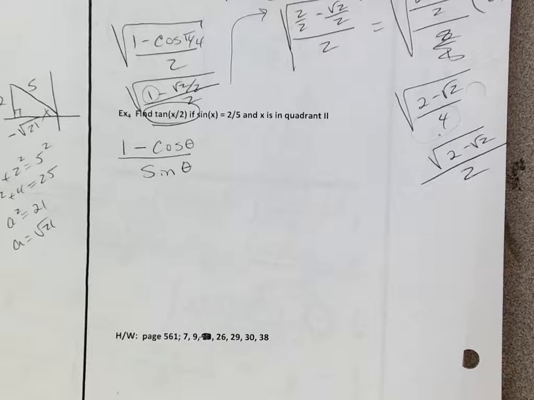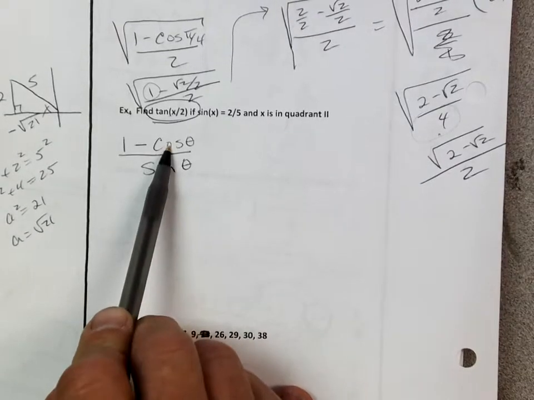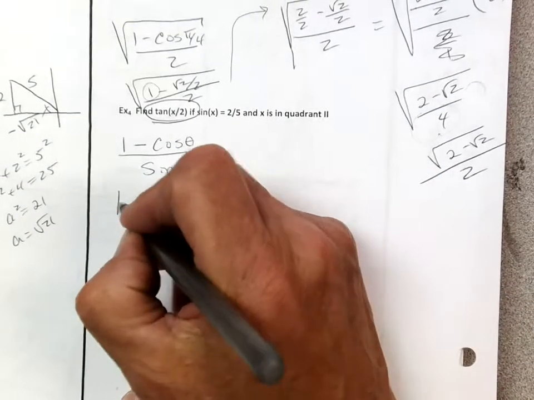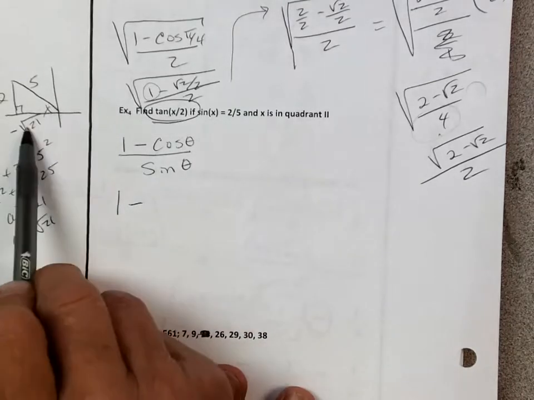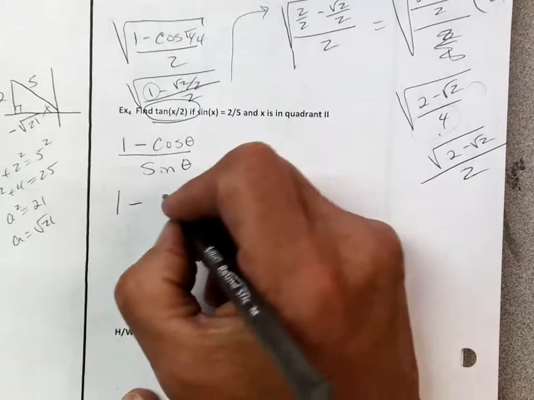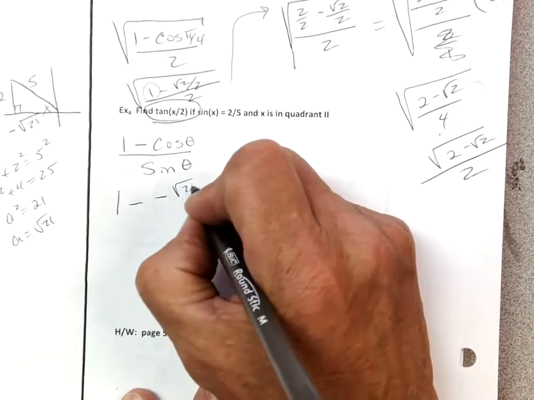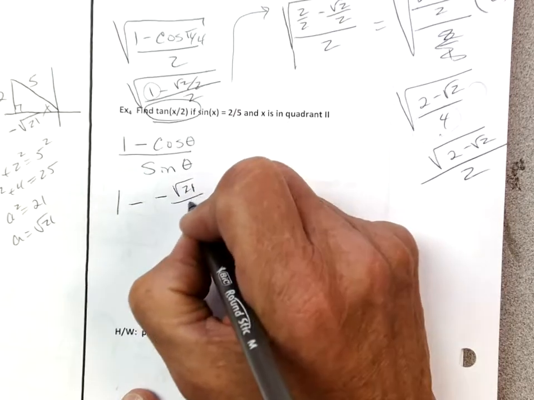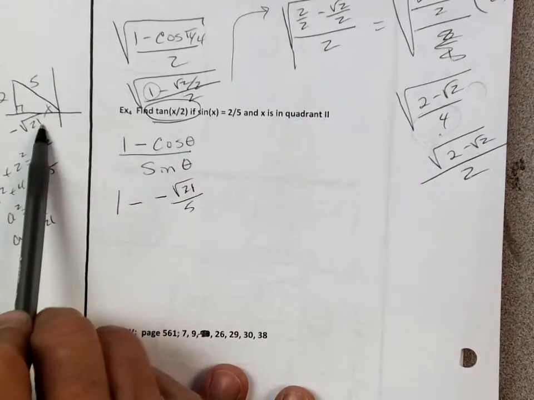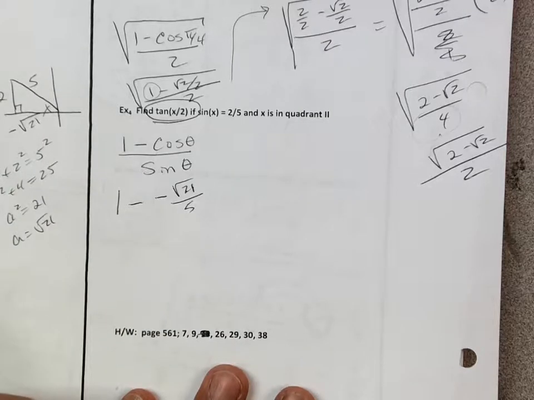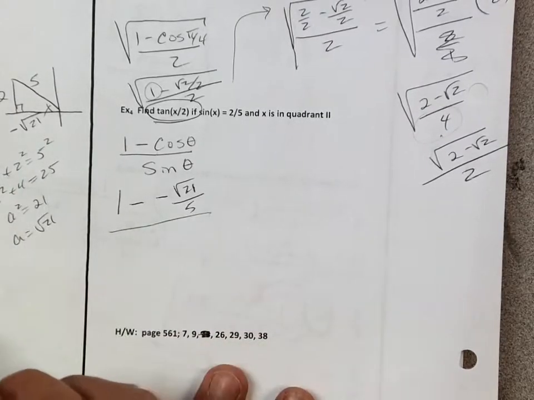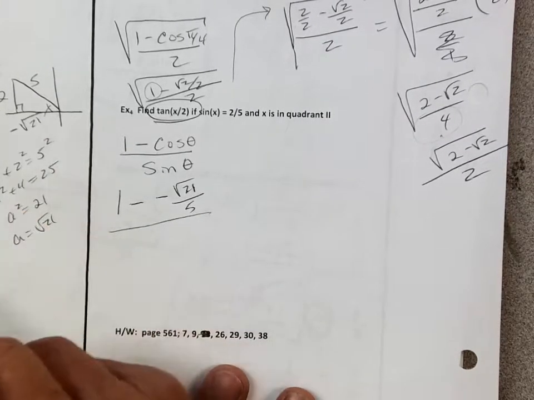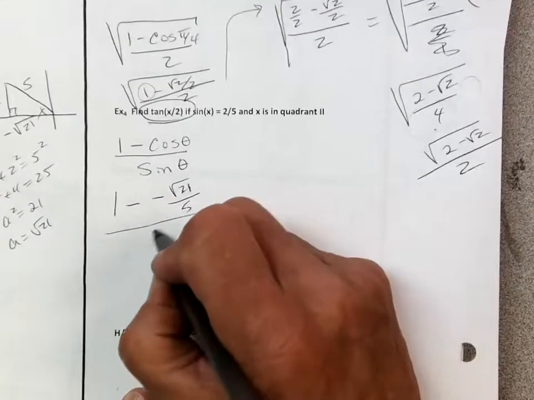It really is. So I go to my triangle. 1 minus cosine of theta. Cosine's adjacent over hypotenuse. So then I get 1 minus negative square root of 21 over 5, because that's cosine, right? Adjacent over hypotenuse. All over the sine. And of course the sine's opposite over hypotenuse, so it's just 2 over 5.